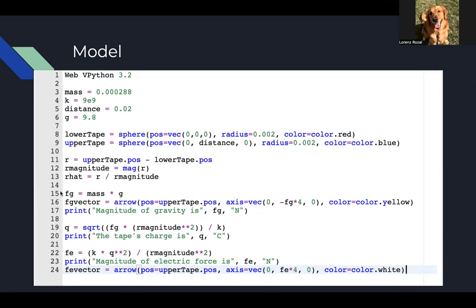We also created a free body diagram for the upper tape. We had the gravitational force going downwards that was equal and opposite to the electric force going upwards, because the lower tape was exerting an upward electric force onto the upper tape.